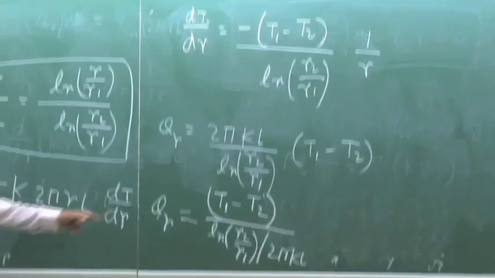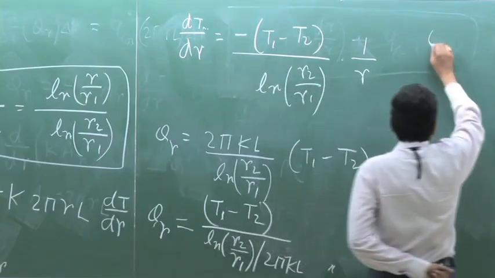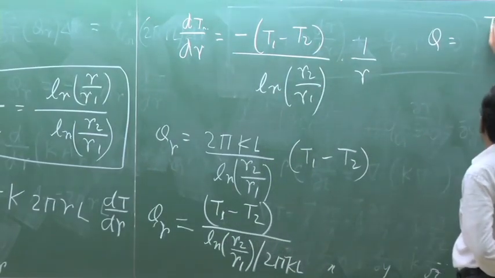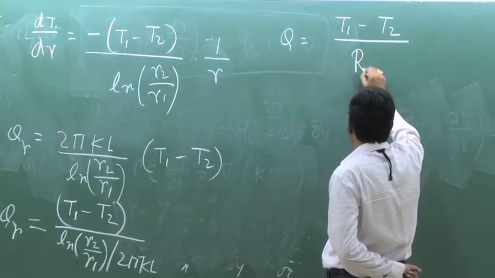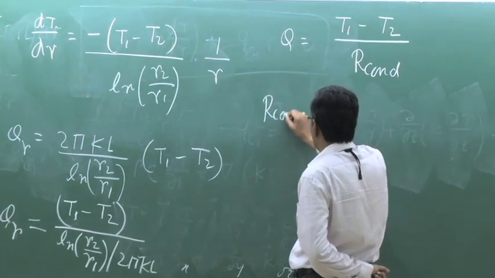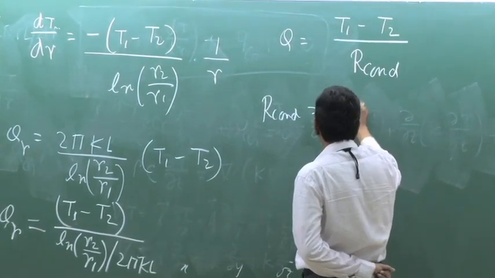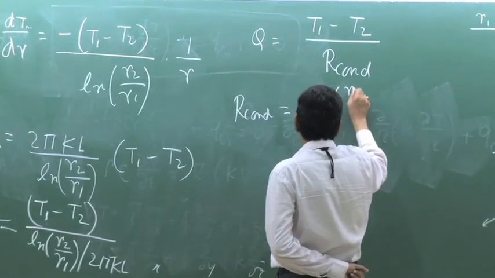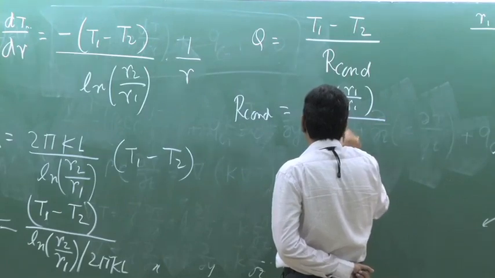And this acts as the conduction resistance. So therefore, if I write Q equal to T1 minus T2 divided by conduction resistance, this conduction resistance is equal to ln r2 by r1 divided by twice pi Lk.